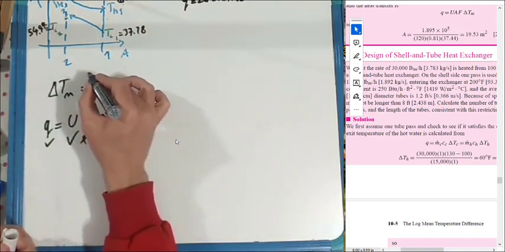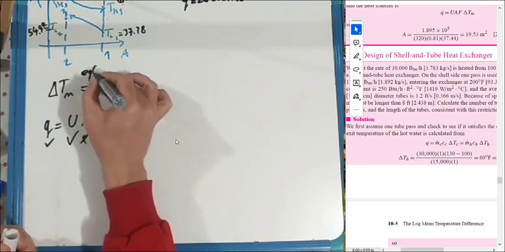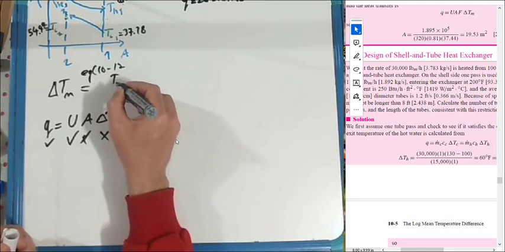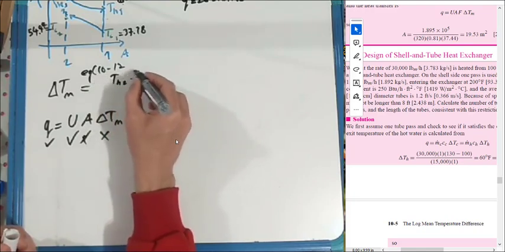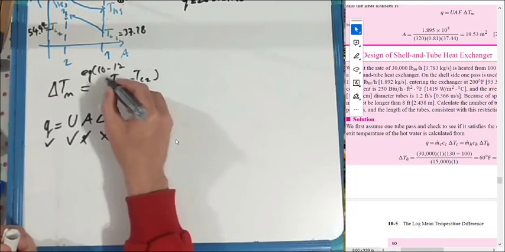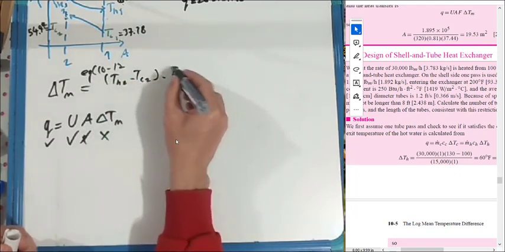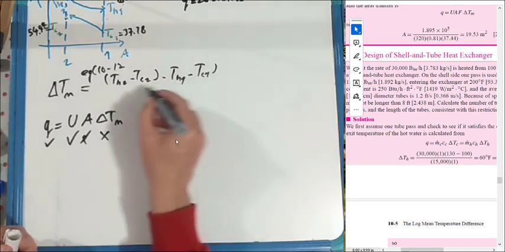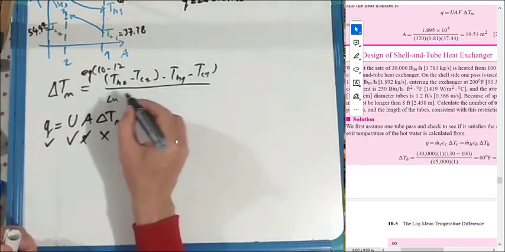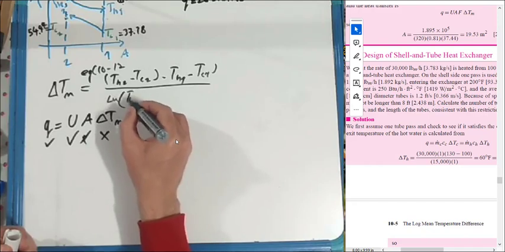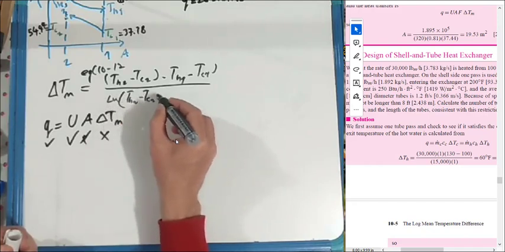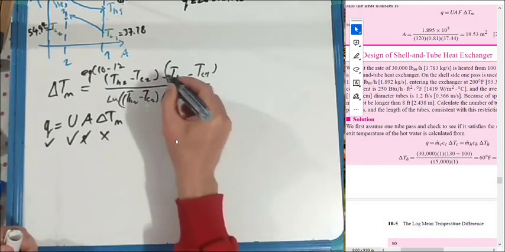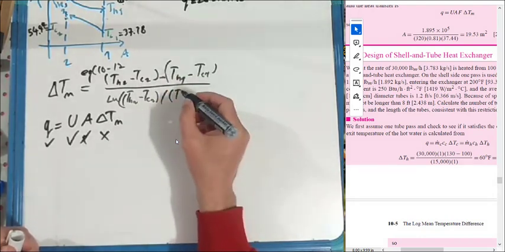Okay, it has a formula. You can see in equation 10.12: TH2 minus TC2, minus TH1 minus TC1, divided by ln of TH2 minus TC2 divided by TH1 minus TC1. I need a parenthesis here.